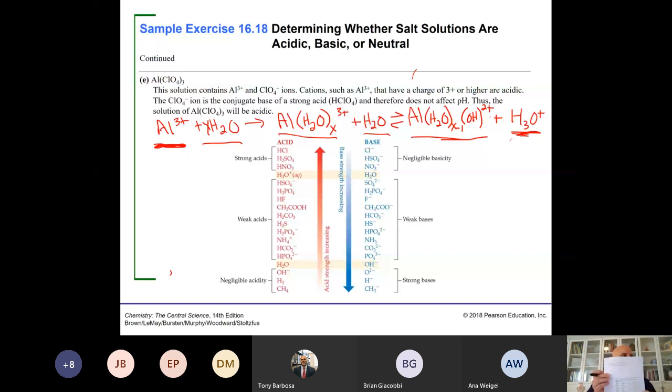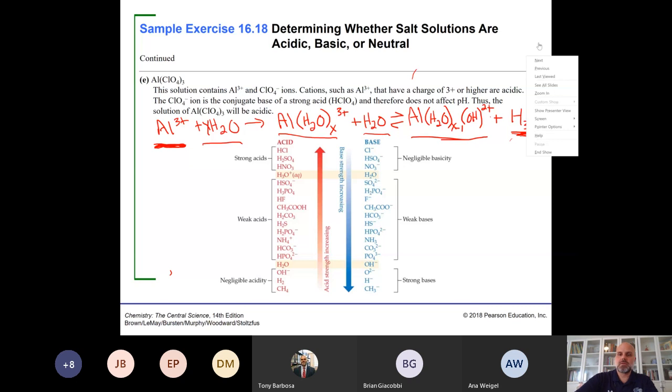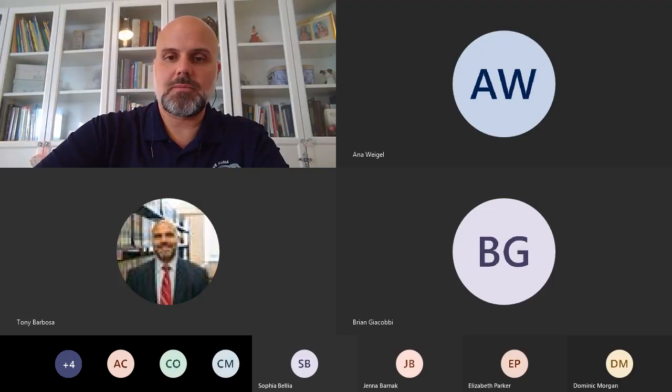There's a sample problem here. It's the one that says, order the following solutions from lowest to highest pH. And it gives you 3 solutions. Let me change this slide here.